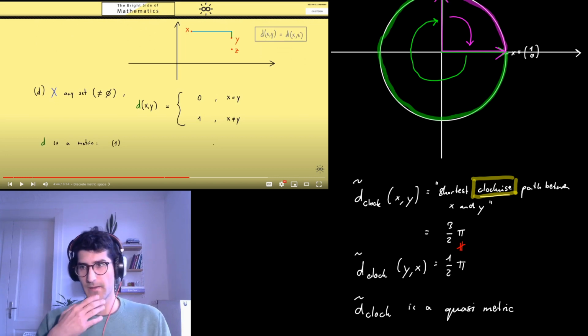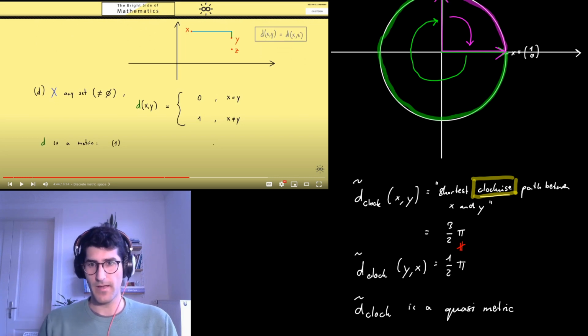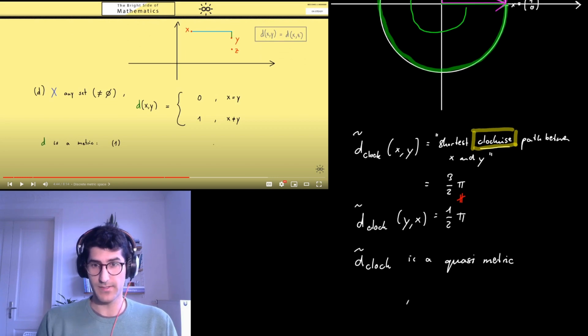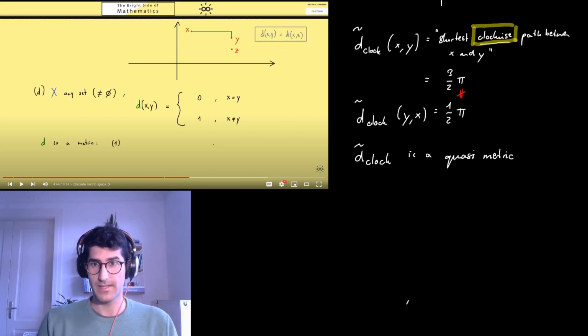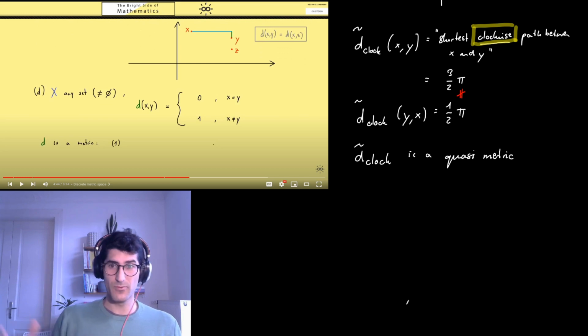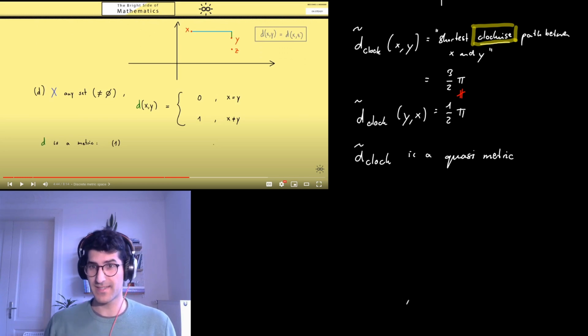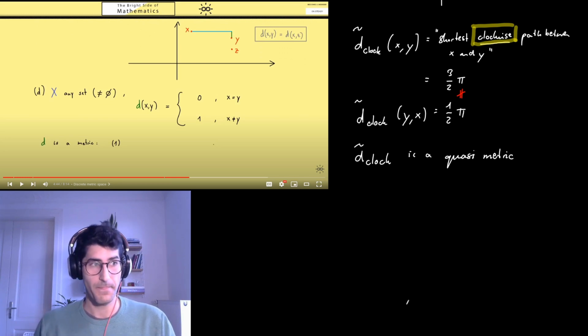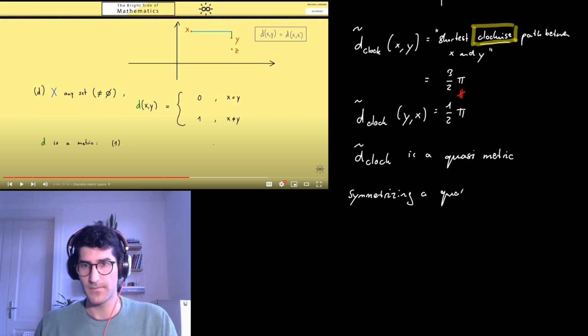So you may say, all right, I have something that is a quasi-metric. Can I symmetrize this mapping? And yes, there is a possibility to symmetrize a quasi-metric. Given a quasi-metric, can I derive a new metric from this that is indeed symmetric? This will be the next point that we talk about: symmetrizing a quasi-metric.